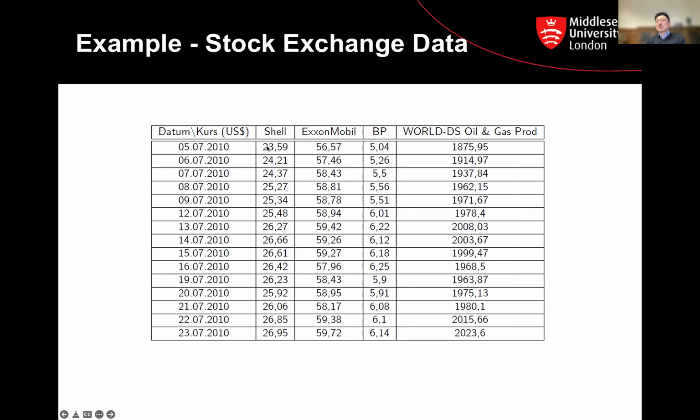So that's the price for Shell, ExxonMobil, and BP. So these are oil companies. And these are some other measures. I don't know what this particular measure is. I'm not sure what DS is, and oil and gas production, I assume. So that means maybe an indication of total production of oil and gas.